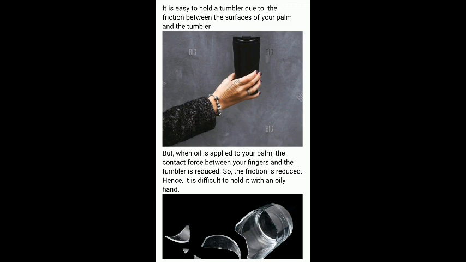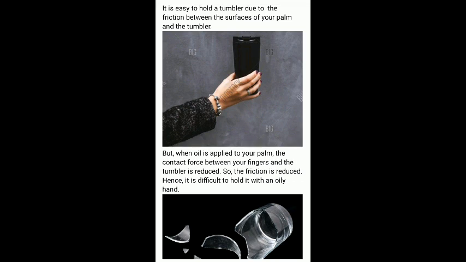Next, let us do an activity and understand the concept of friction. Let me give you 2 seconds. Move on to your kitchen and take a tumbler, a glass. It is easy to hold a tumbler due to friction between the surface of your palm and the tumbler.